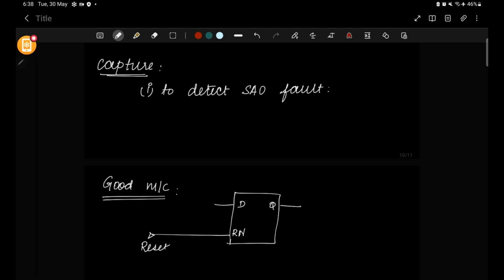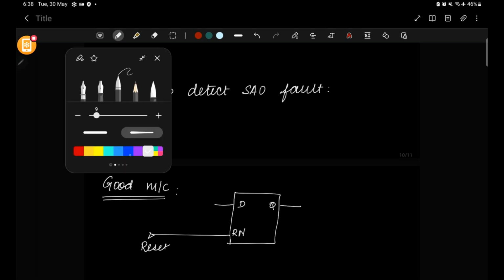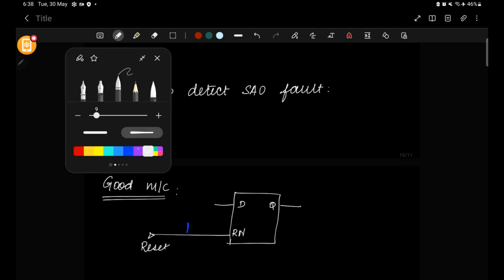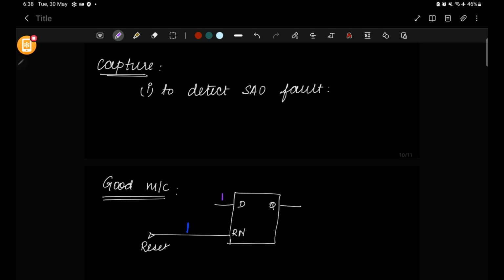The tool will apply the opposite value, 1, here. As reset is not pulsed for this particular flop, Q will be equal to D, which is 1.